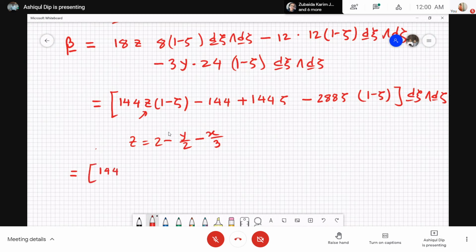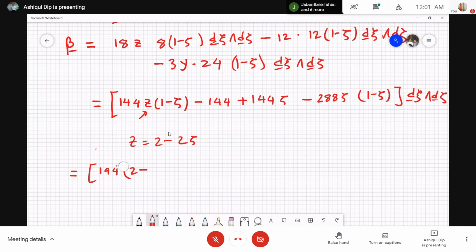Actually, you need to tell me z in terms of xi and zeta, not the other things. 2 minus 2 zeta. And then what was the x?